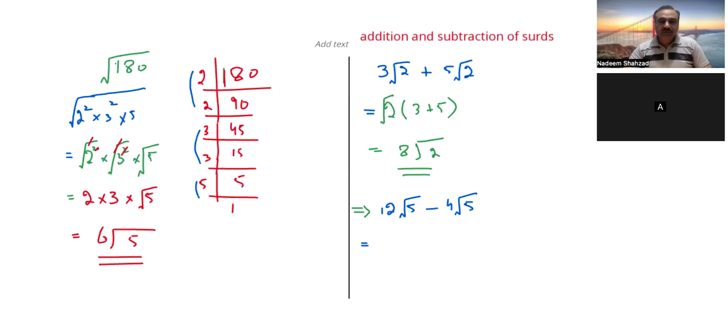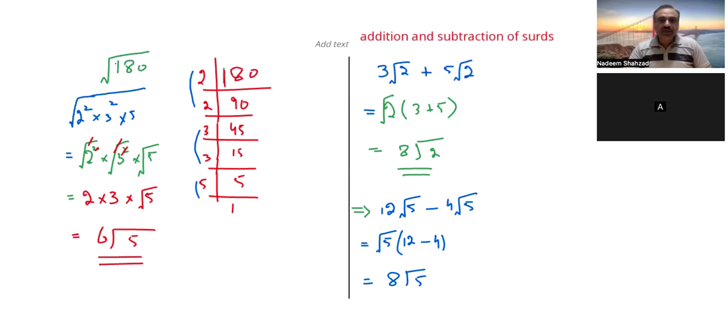Square root 5. So square root 5 is your common. The terms remaining are 12 minus 4, so 12 minus 4 is 8. Again, we got 8 square root 5. So these are basically the answers in surds form. Surds mean radical form. Also, we call the surds form a radical form.